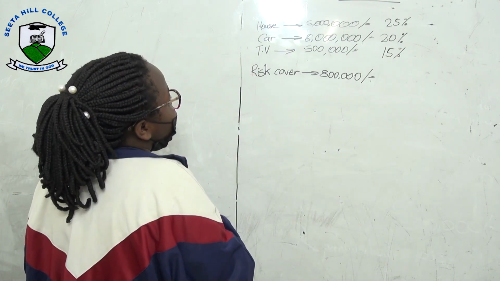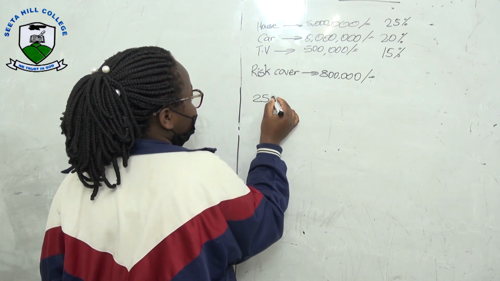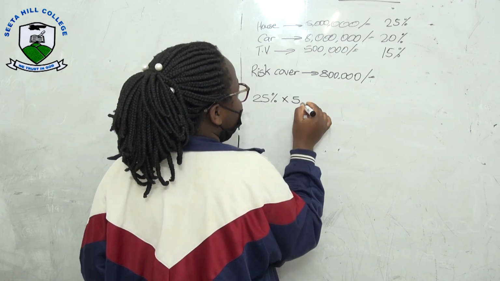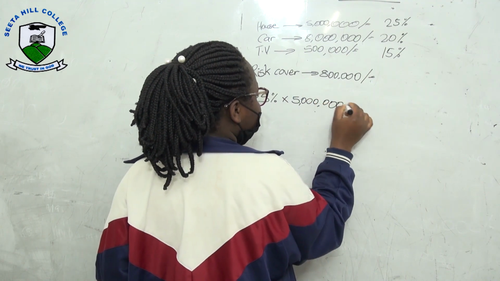Find a premium for the house, which will be the percentage, 25%, and the value price for the house, which is 5 million.